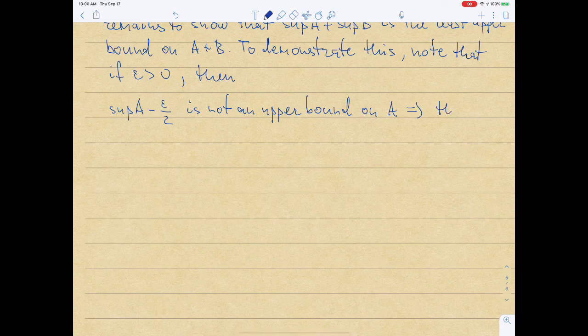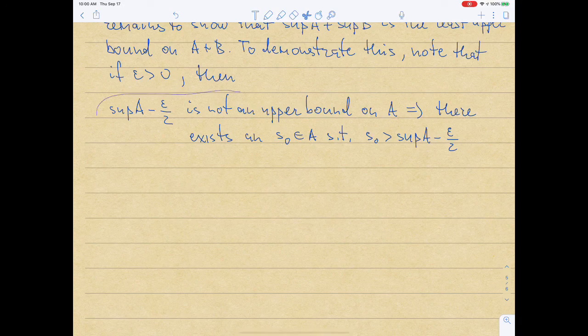So there exists an S0 in A such that S0 is bigger than sup of A minus epsilon over 2.